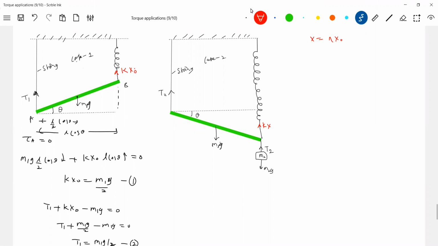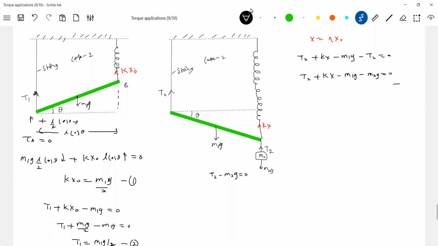So let's write the equation. T2 along the y-axis: T2 plus kx minus m1g, minus m2g, should be equal to 0. This is one equation.